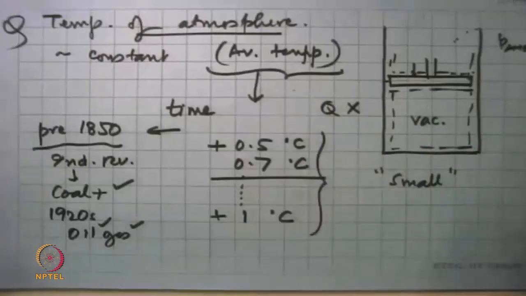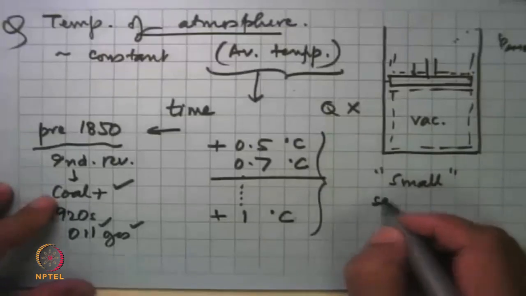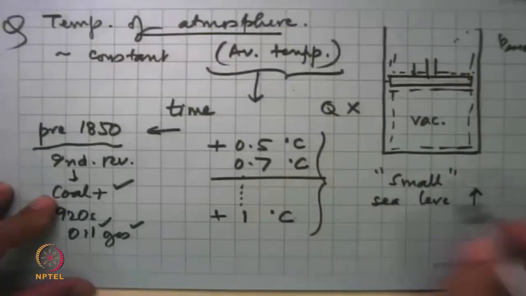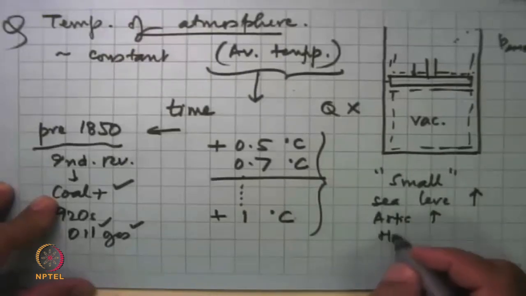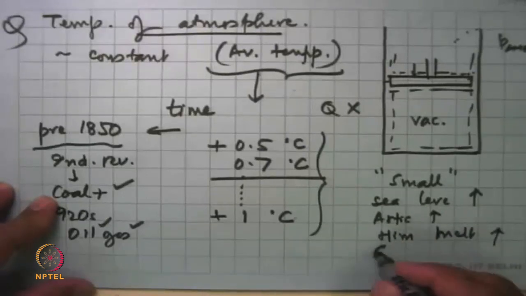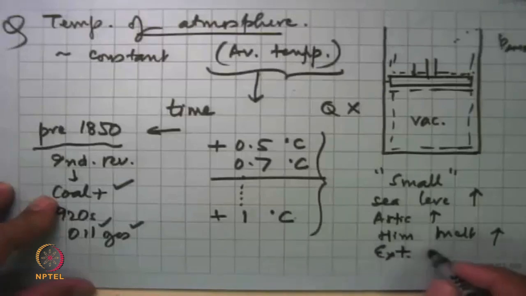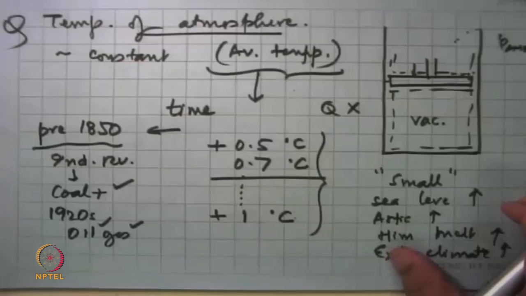If the implications were not there, we would say, look, forget about it, let it happen, no big deal. But then you find that the sea level is rising, the Arctic cap is melting, Himalayan glaciers are melting, extremes of climate have gone up, more frequent droughts, more frequent and more intense floods, more frequent cyclones, more frequent hurricanes.